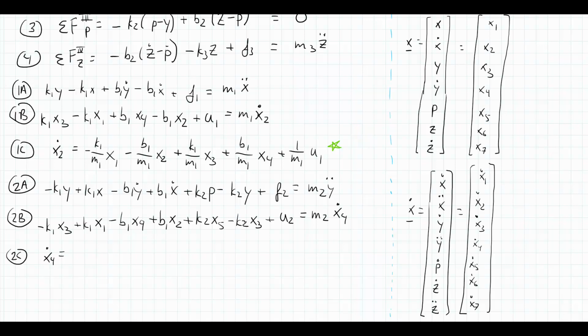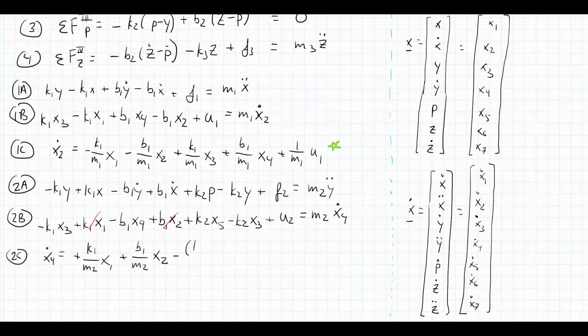Looking at what I have, going in numerical order, I have an x1 term, so that's going to be k1 over m2 x1. I have one x2 term, so I have a b1 over m2 x2. And let me start crossing things out as I go here, since I will have a bunch of terms. x3, I have two x3 terms, so I'm going to group those together.